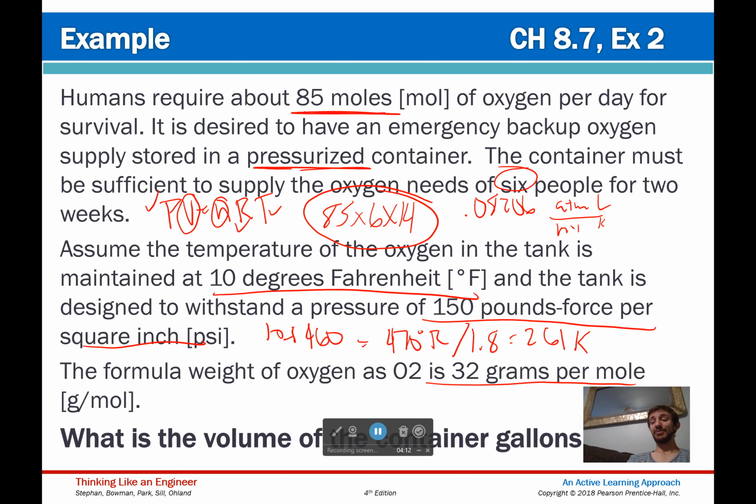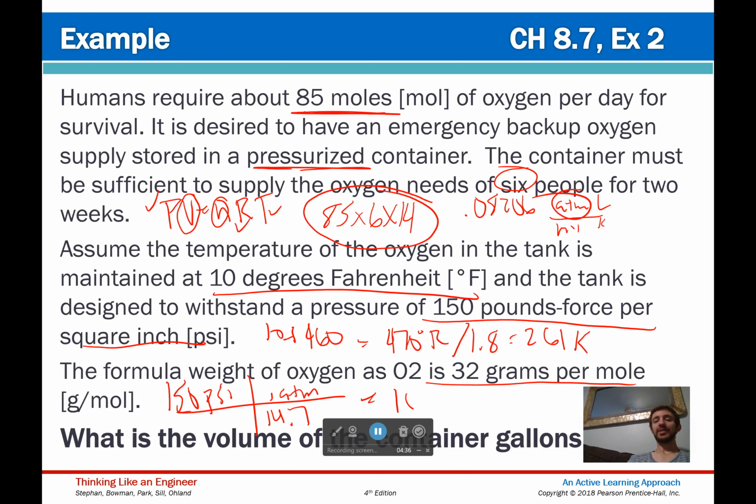that's PSI, and our formula needs atmospheres. Well, there are 14.7 PSI per atmosphere, so 150 pounds per square inch, 14.7 on the bottom, and that's 1 atmosphere.